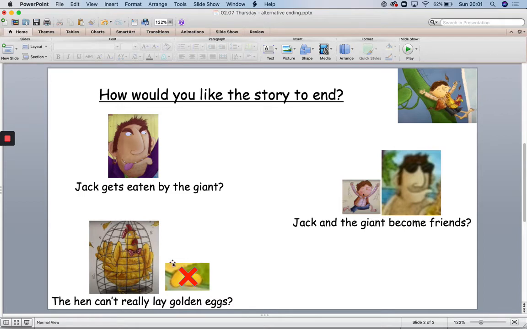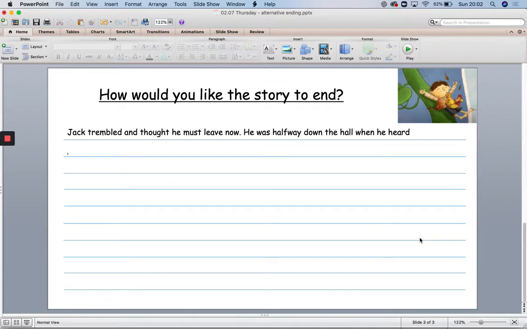Maybe the hen couldn't really lay golden eggs, or only could up in the clouds, so Jack just had a chicken rather than a constant supply of money. Or maybe Jack spoke to the giant and convinced him to become his friend. So, how are we going to end the story?